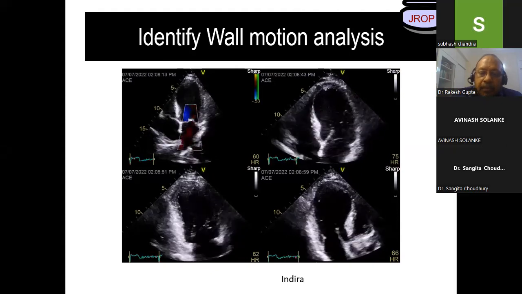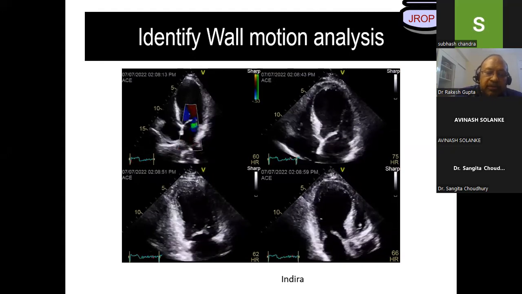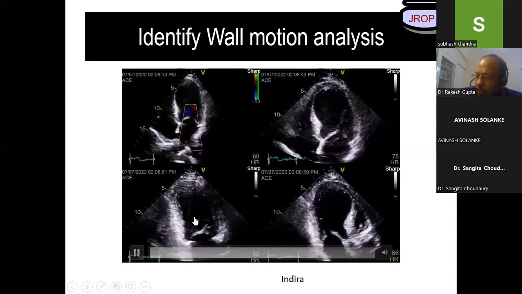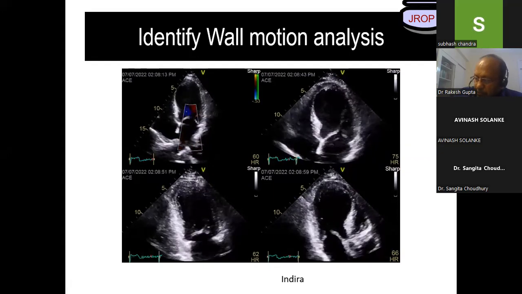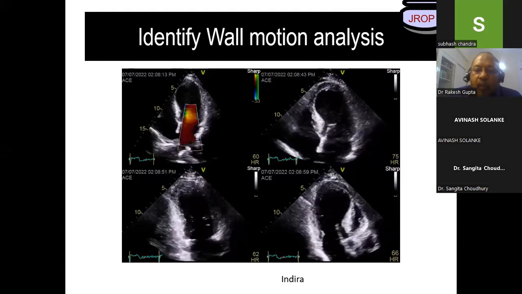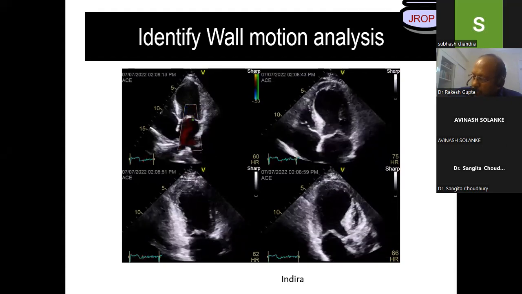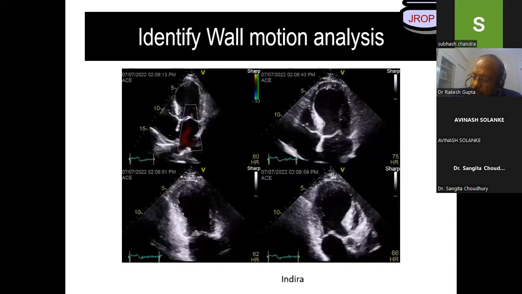Okay. In the apical four chamber. Next is apical two chamber view. In the apical two chamber view, sir, since in the apical four chamber there is involvement of the apical septum and apical lateral wall, I should be looking for the LAD territories in other views also. Okay.